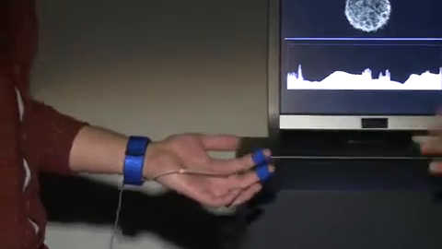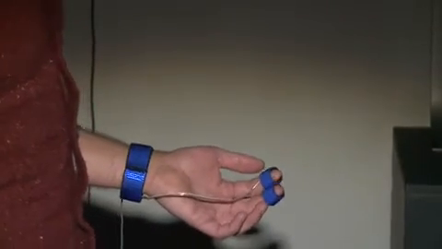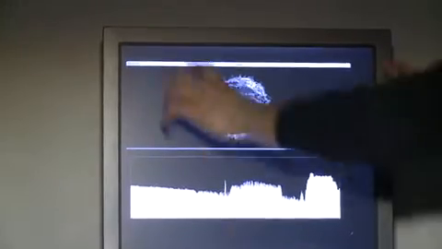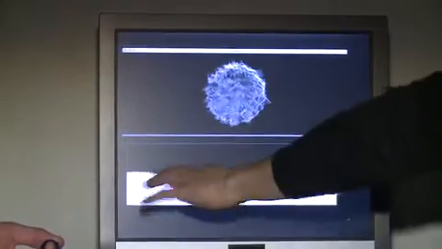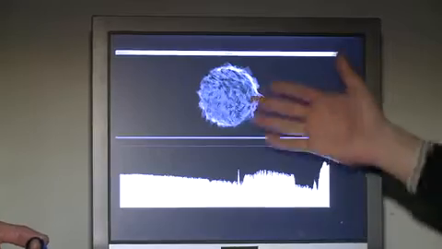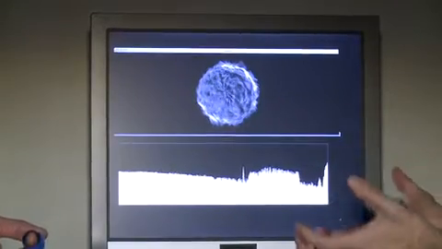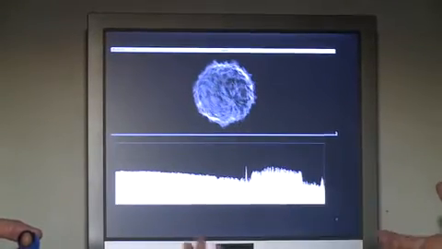The sensor is wireless, so you can move. We have 10 meters of connection. Here in this part, we have the visualization of the data, the signal that I'm getting from the sensor. This structure is changing depending on the activity.